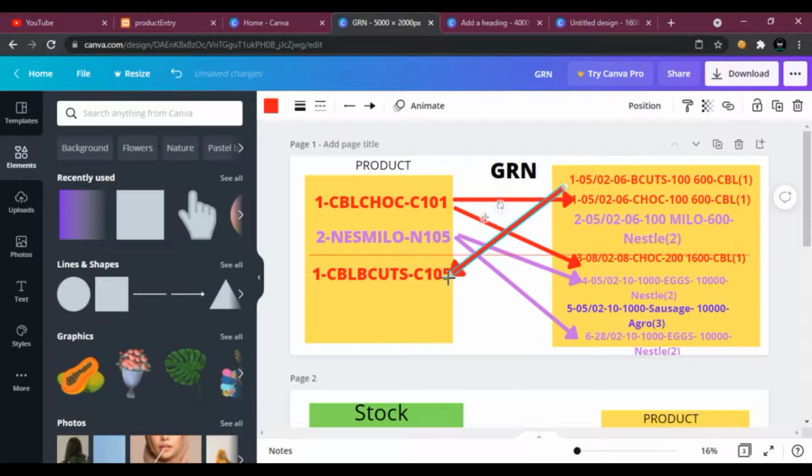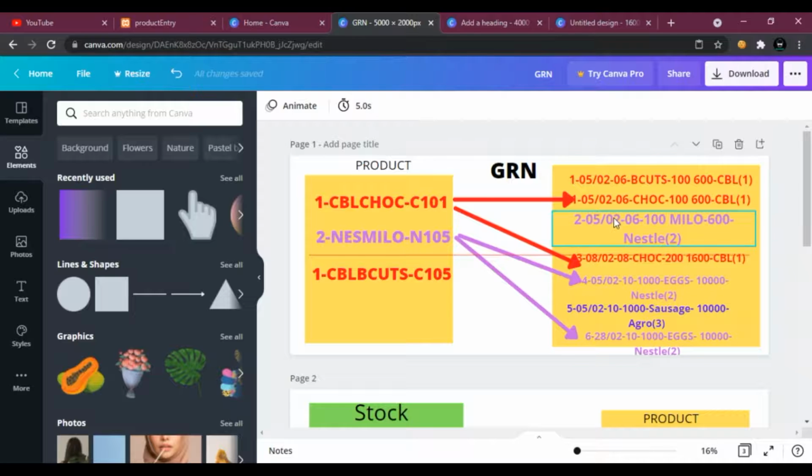So this is a one-to-many relationship. One product can be in many GRNs, but one GRN holds one product.